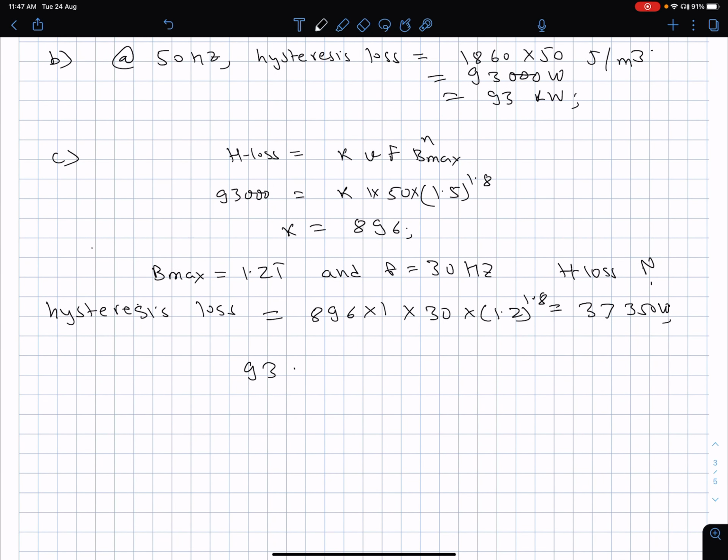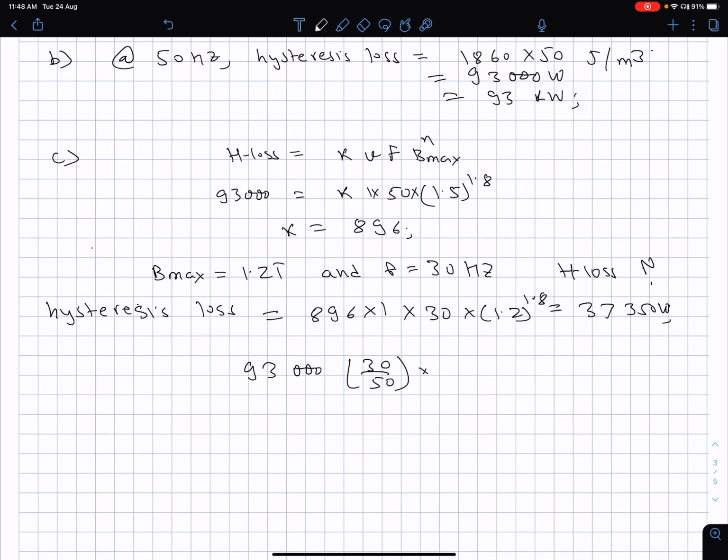Or you could have done it the other way around also. You could have said that it is 93,000 watts at 50 hertz and 1.5. So when you reduce the frequency to 30 from 50, it will become 3/5 of that value.